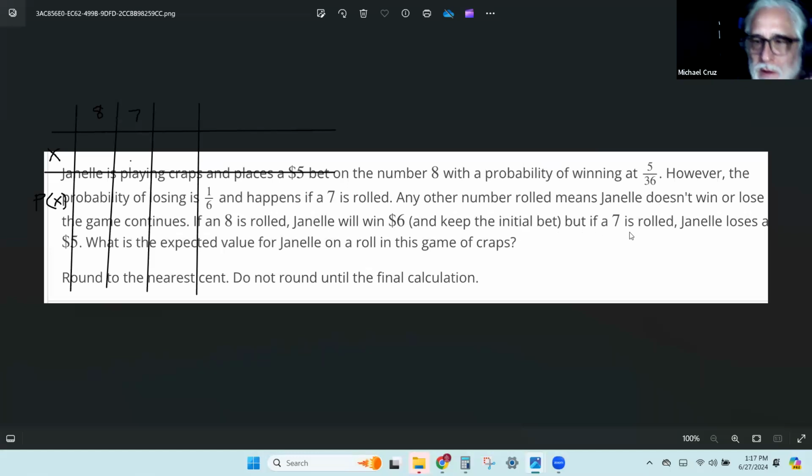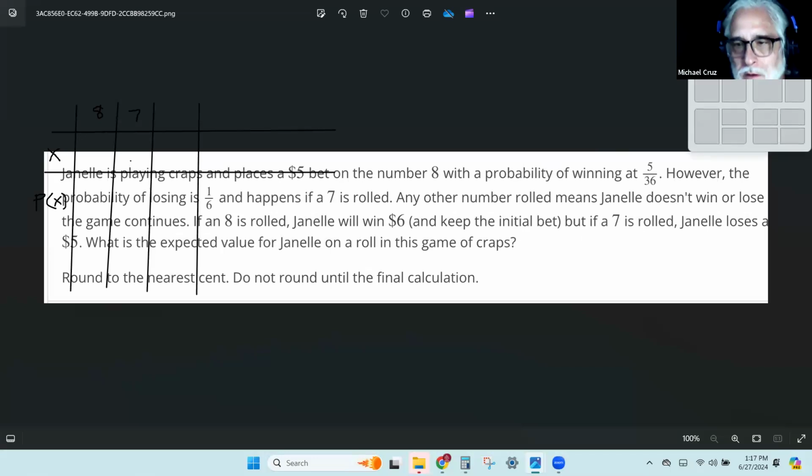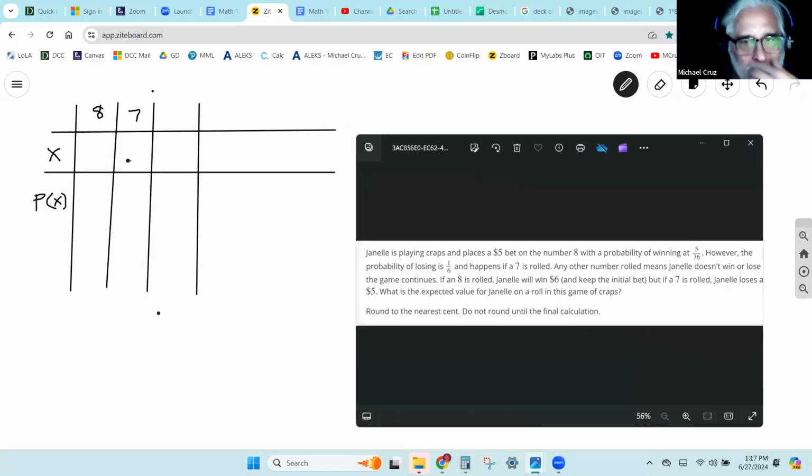Oh, 7 is the loser. So there's only 2 things, and then they give us the probability. So it's 5 over 36.